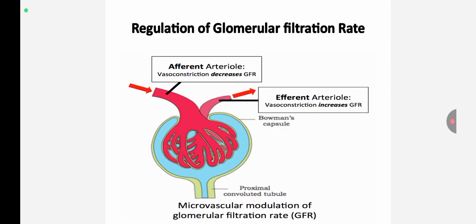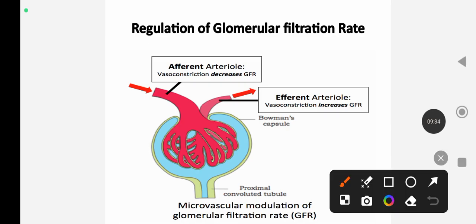So now let's look at how the kidney regulates glomerular filtration rate. So now I told you, this is your blood vessel, from the vasculature of the kidney. So you have your afferent arterioles coming from the artery. Yeah, the artery divides to form the afferent arteriole.